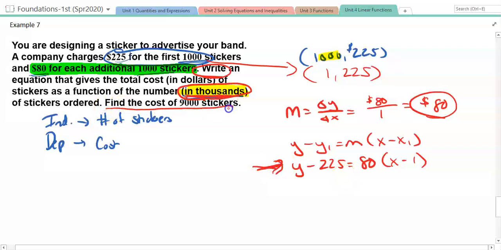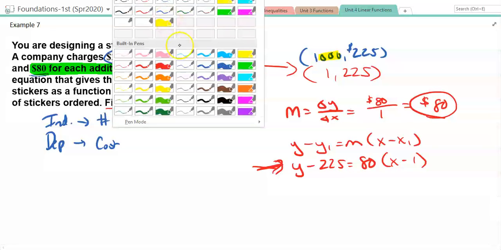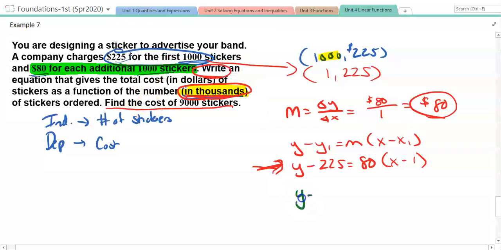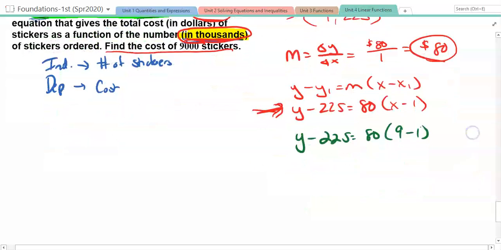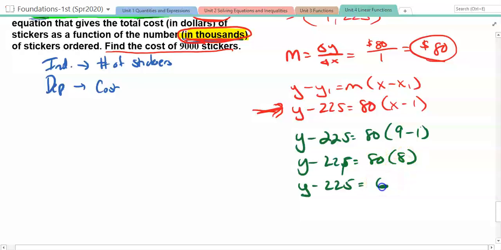Part B says find the cost of 9,000 stickers. So remember that our number's already in thousands, so I'm not going to plug in 9,000. I'm just plugging in 9. And so I'm going to get y minus 225 is equal to 80 times 9 minus 1. So y minus 225 is equal to 80 times 8. y minus 225 is equal to 640.